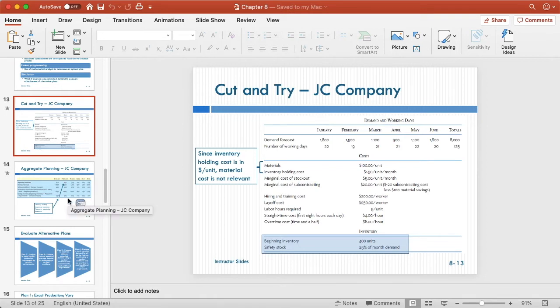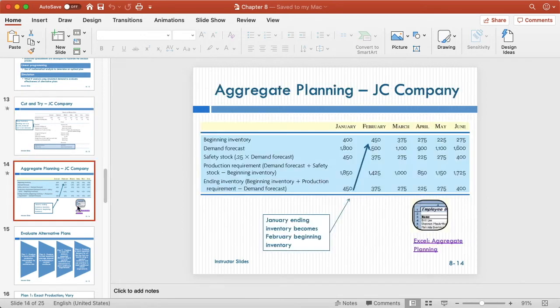Besides that, you also need to prepare a safety stock, which is 25% of this month's demand, which is 450. In total, you add up these two amounts. This is the total amount that you need for this month.